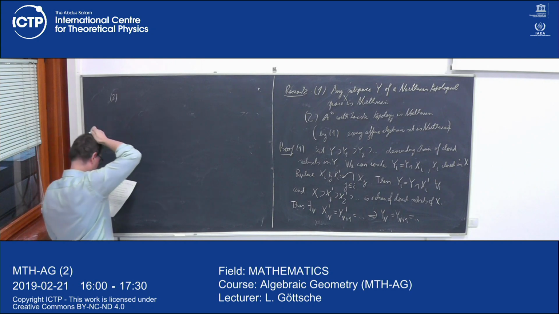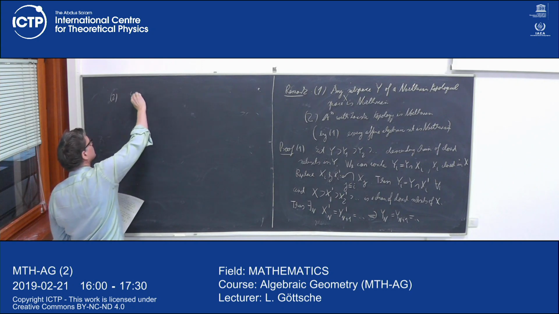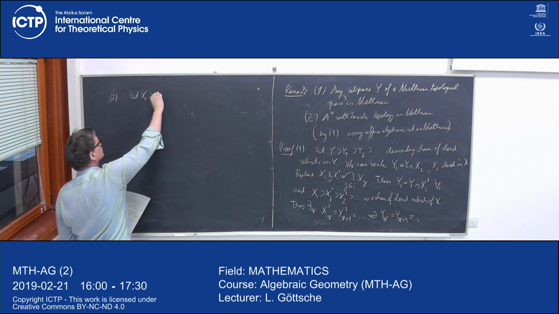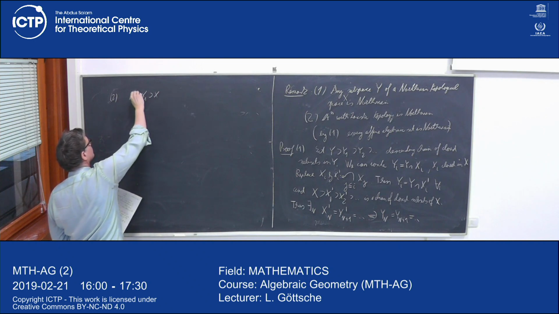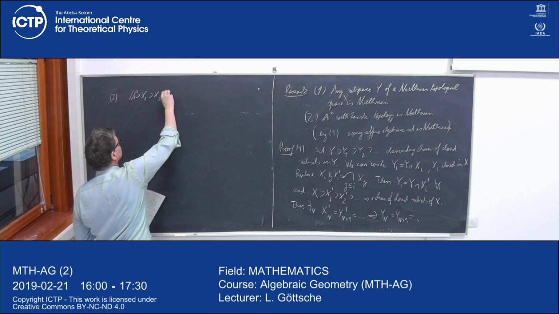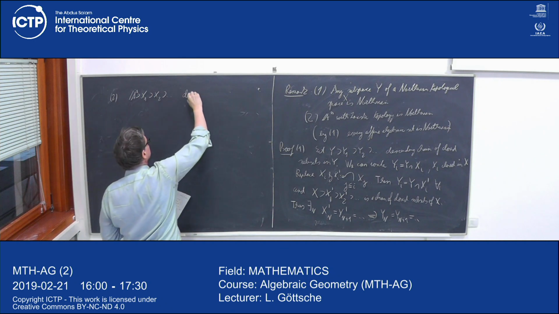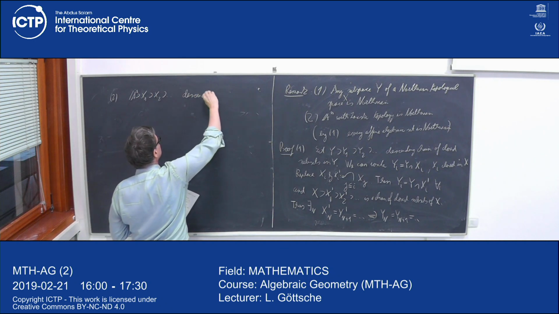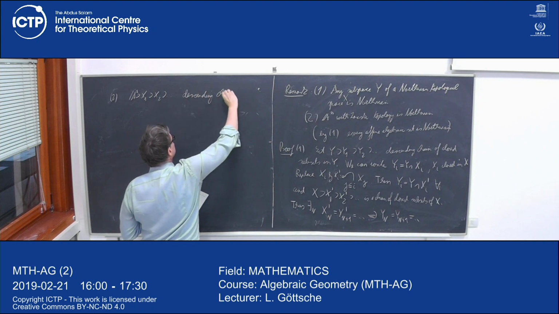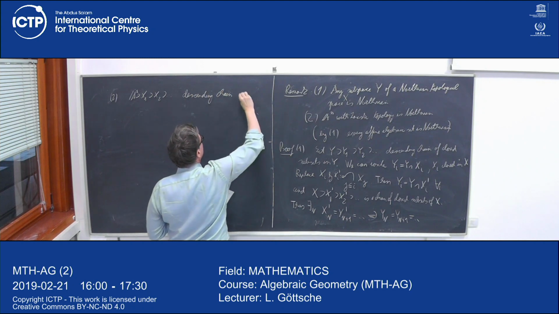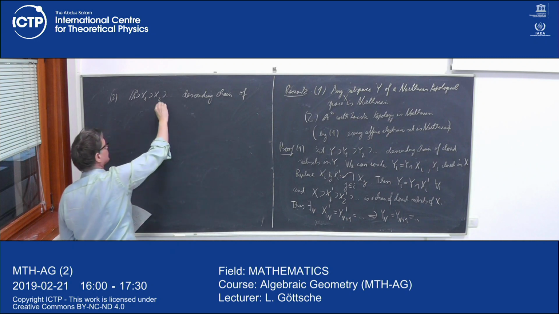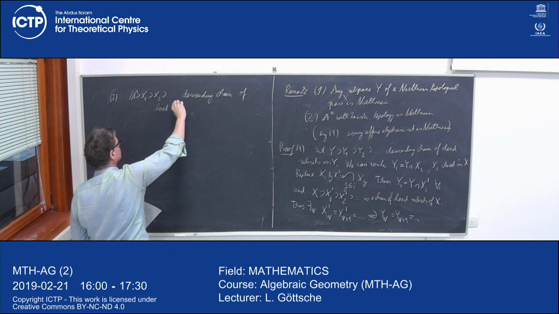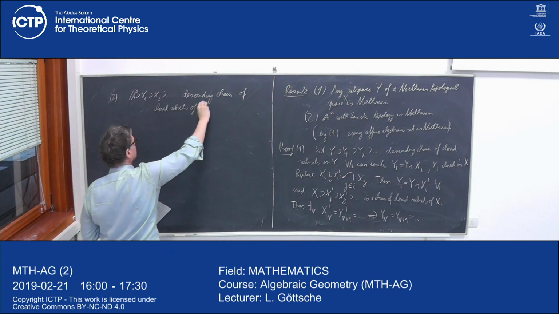So 2. Let X1 ⊇ X2 ⊇ ... be a descending chain of closed subsets of A^n.